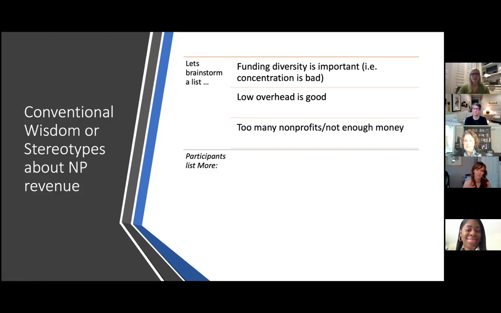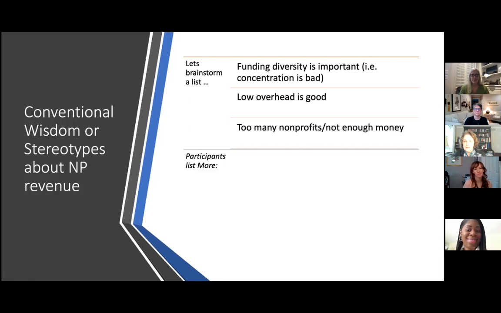And what we also hear is there are too many nonprofits. There's just not enough money to go around, right? So those are some of the ones that come to my mind. I'm wondering if you have some that you might think of that are what we might term stereotypes or conventional wisdom.